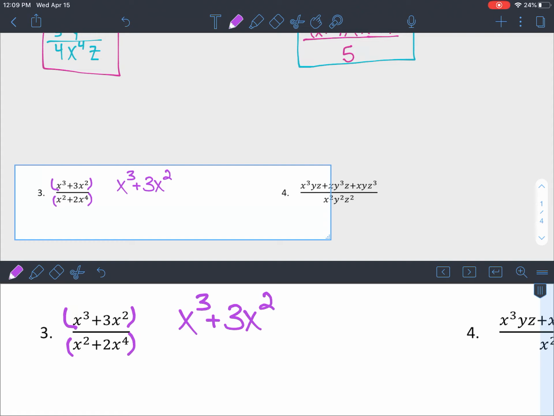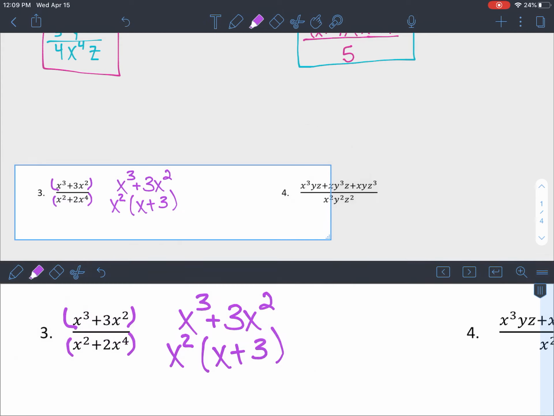Well, they both have x's. The first term has 3, the second term has 2. So I can take out 2 x's and I'll be left with x plus 3. So this is just factoring out the greatest common factor. We practiced this a lot, especially when we were doing the quadratics.